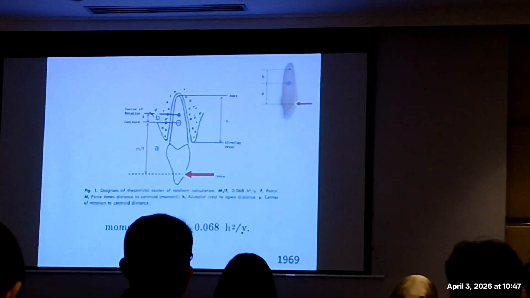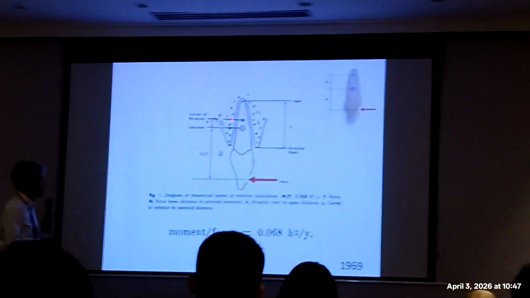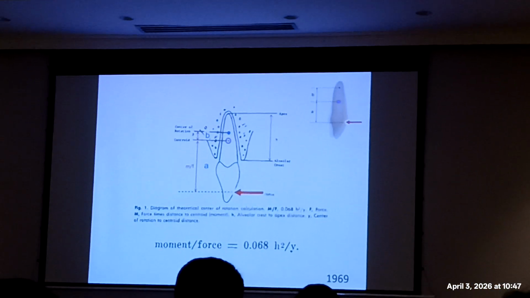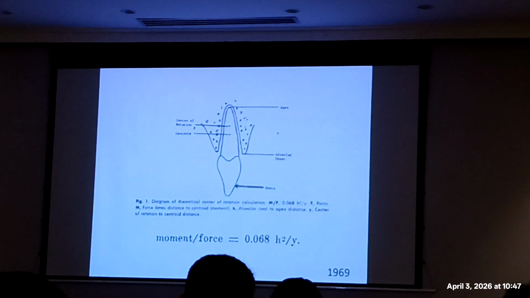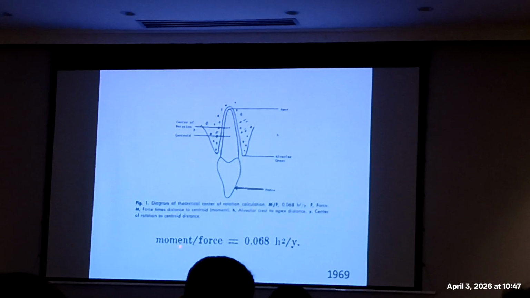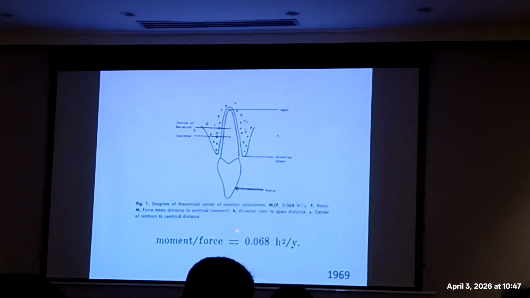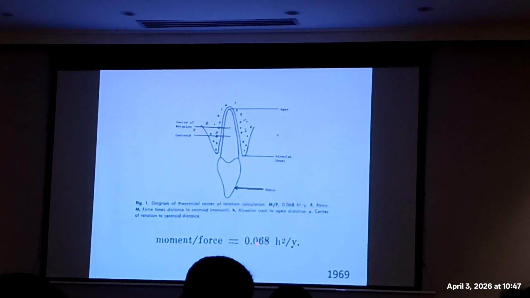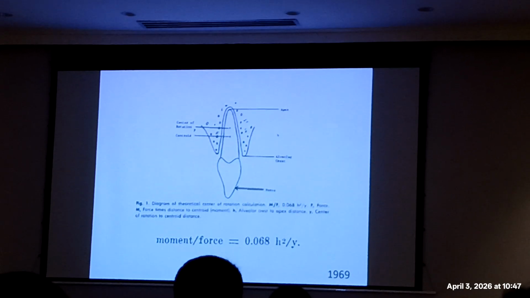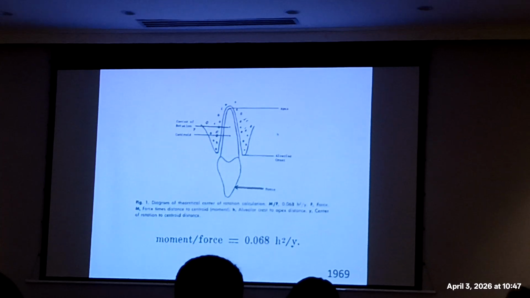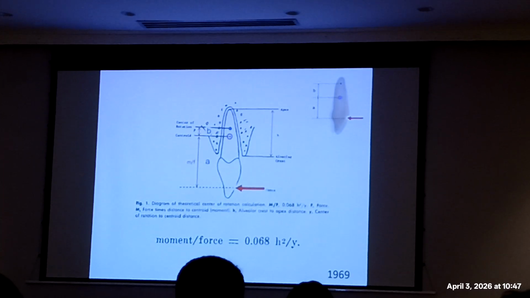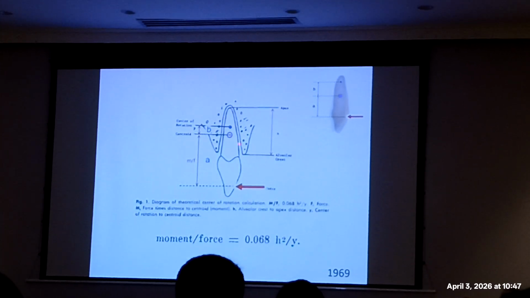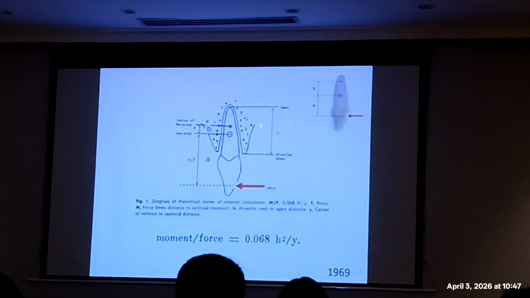Look at this here. In his journal, it says the moment to force ratio equals 0.068 times h squared divided by y. This is Burstone's formula, and I'll explain it. This is the explanation of each term.